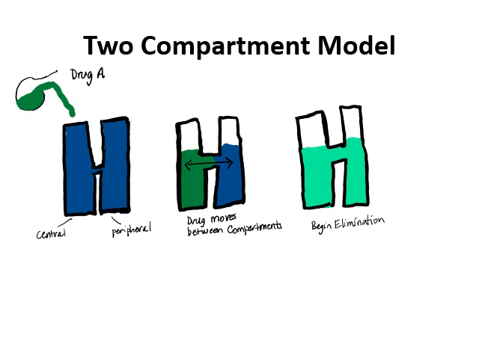Another rough drawing of the 2-compartment model. So on the left, the blue H is your central and your peripheral compartments connected in the middle, if you will. And you give drug A and you pour it into your central compartment. And the drug starts to go into the central compartment, and it will begin to cross over and distribute out of the central compartment into the peripheral compartment.